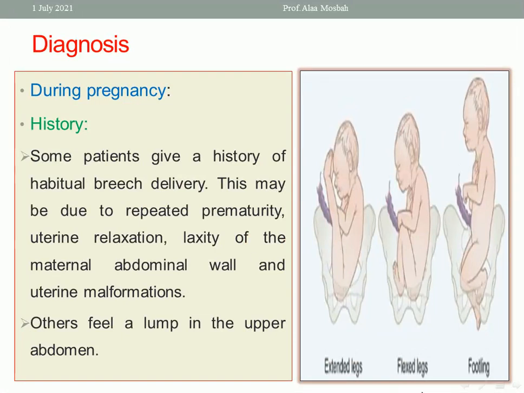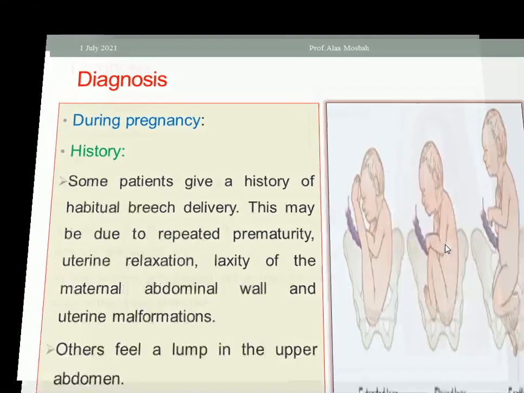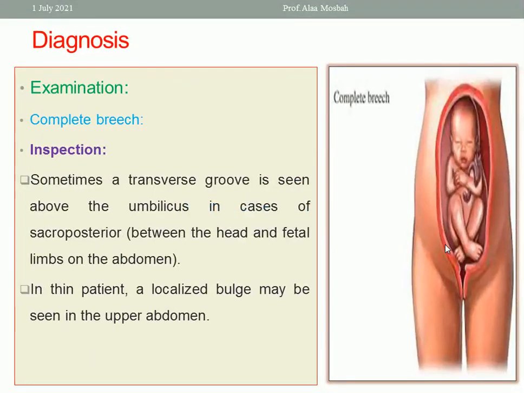How to diagnose a case with breech presentation? From history, the patient may give history of previous breech delivery and repeated premature or breech delivery. Also, the patient may feel a lump in the upper abdomen, which is the head, occupying the upper part of the uterus.